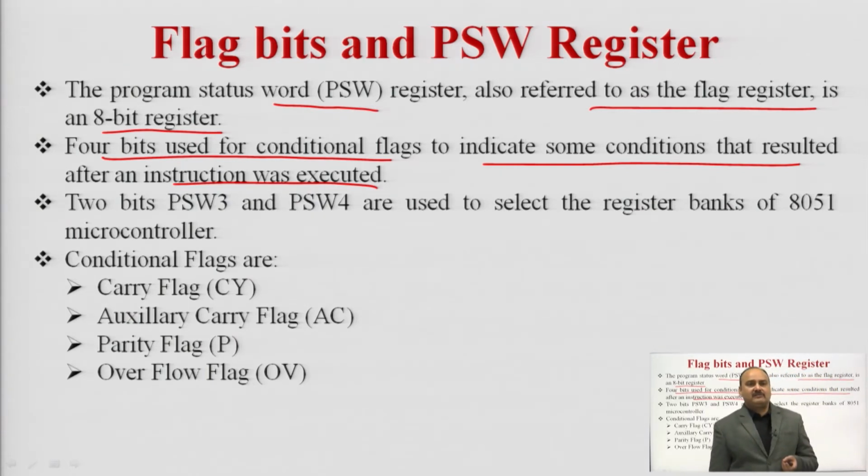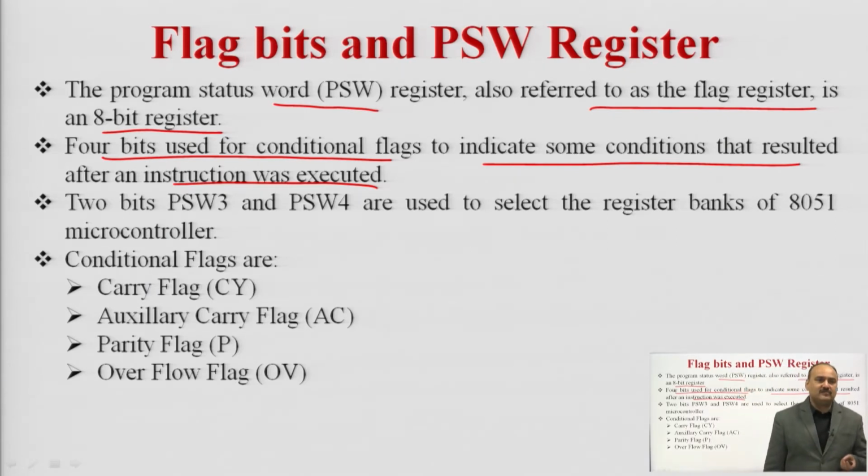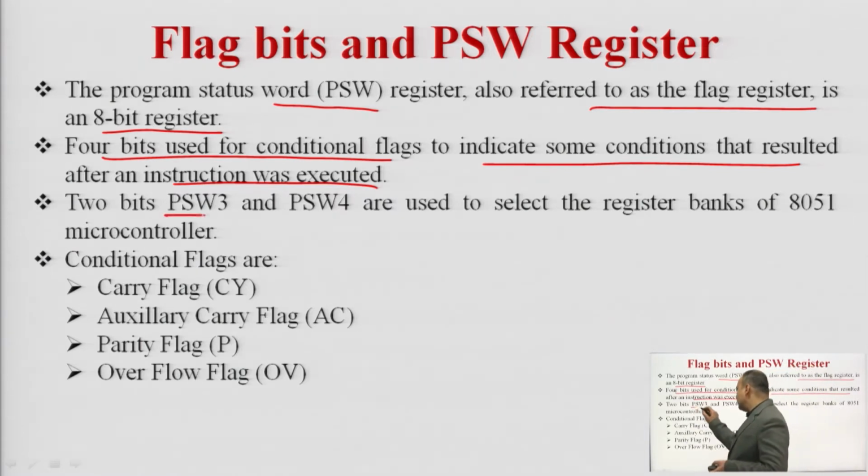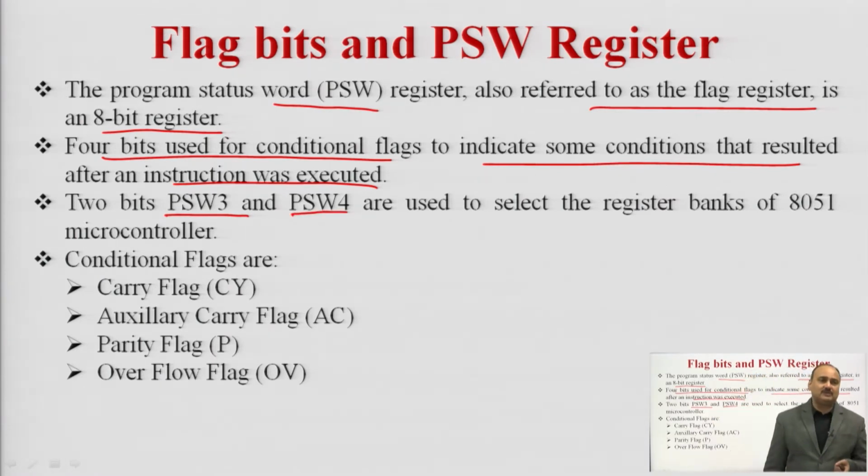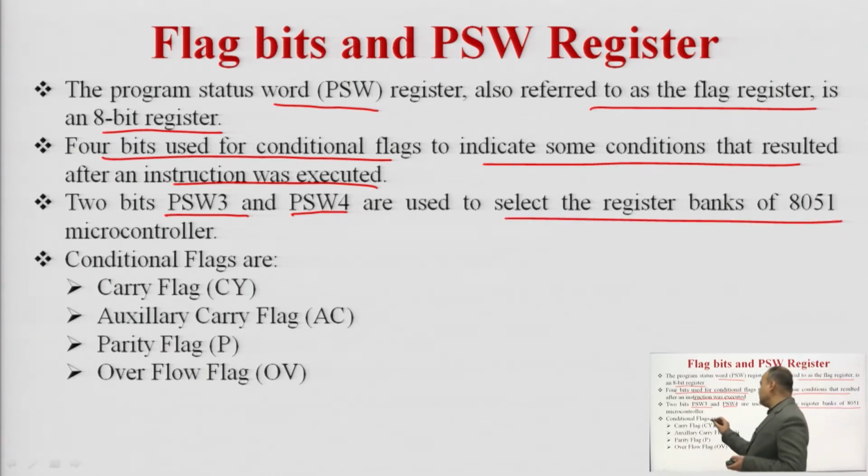The condition flags indicate the conditions after the execution of the instruction performed by the microcontroller. 2 bits, PSW.3 and PSW.4, are a very important point, and it is required to remember that in the PSW register they are used to select the register banks of the 8051 microcontroller.